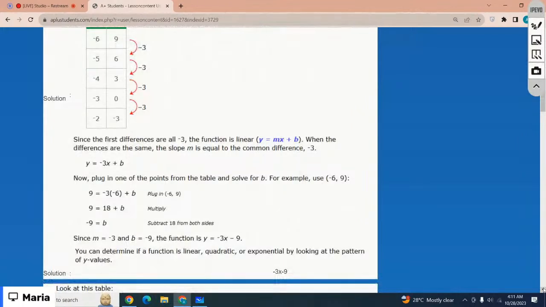For the linear equation, use y equals mx plus b. Because the first difference is -3, m is -3. That will be the slope of the function. To calculate the value of b, put any point from the table as x, y. So when you calculate, b equals -9. Got it?